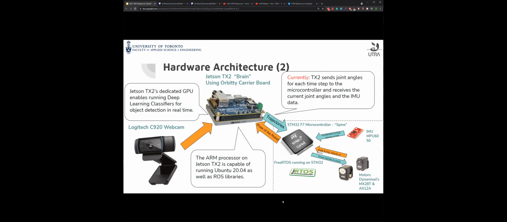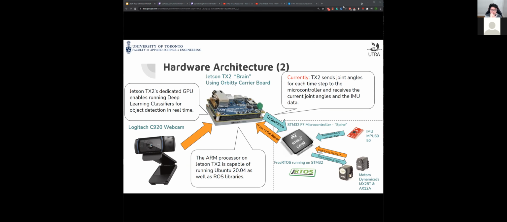Talking about the Jetson TX2, which we use to drive most of our software stack, as I mentioned before. As you can see, it interacts with the embedded chips, as well as a camera that we have, which is needed for us to process all the visual information. That includes, for example, ball detection, so we can locate where the ball is, as well as locating other robots and the field, so we know where it is and don't run into other people.